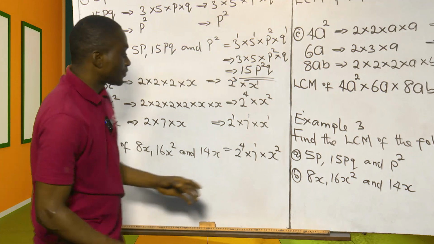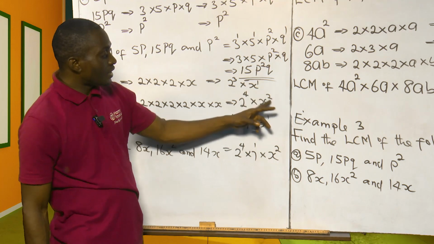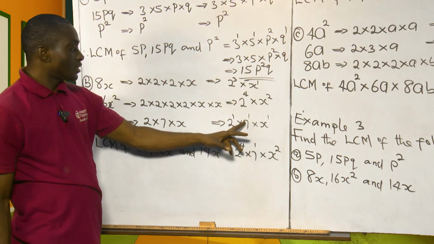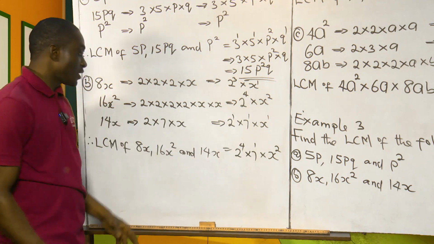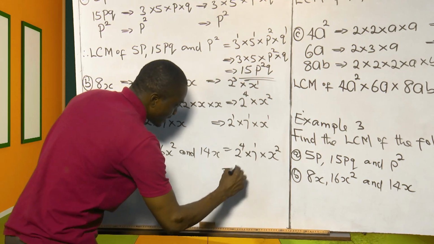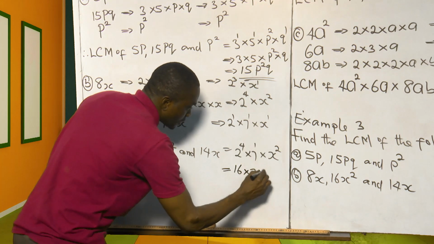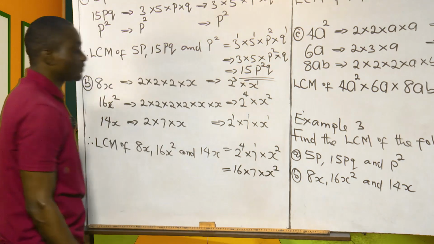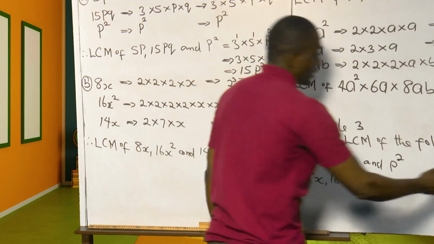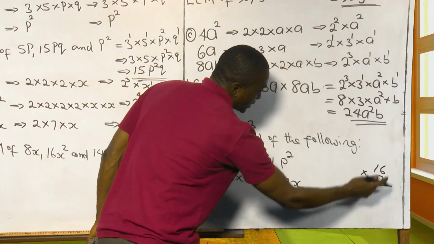For the base of x, we have the highest power of 2, so that's why I'm writing it down here, and it is only 7 raised to power 1 we have here, so I'm writing down here. So this will give us 2 raised to power 4 is 16, times 7 raised to power 1 is 7, times x squared. So 16 times 7, let's do it together here. 7 times 6, that's 42.